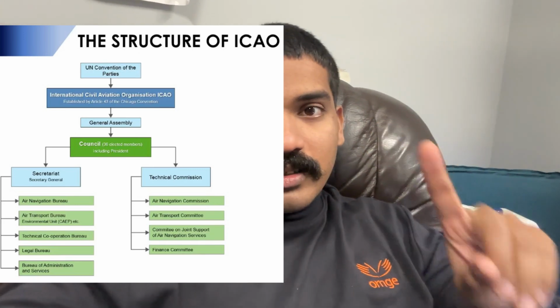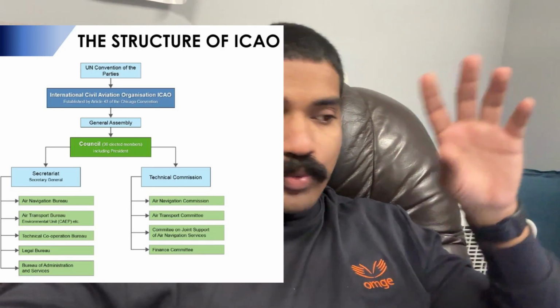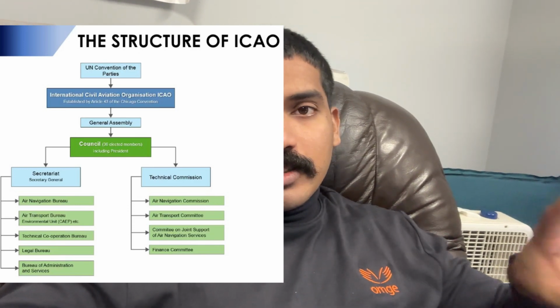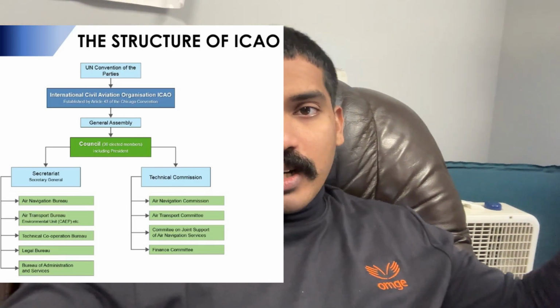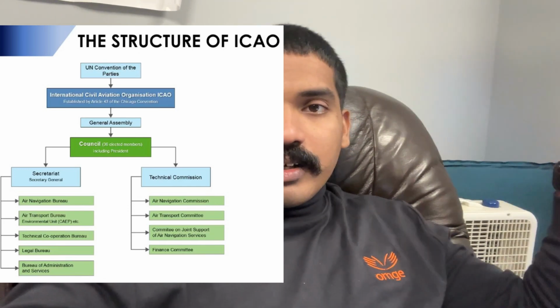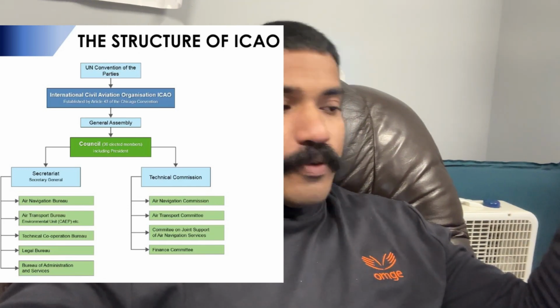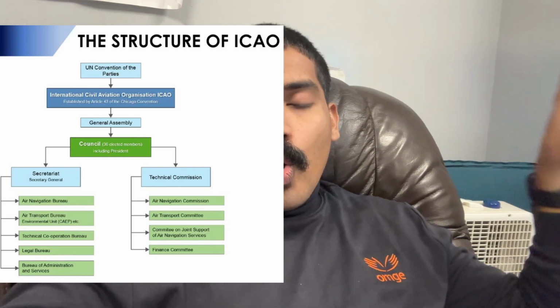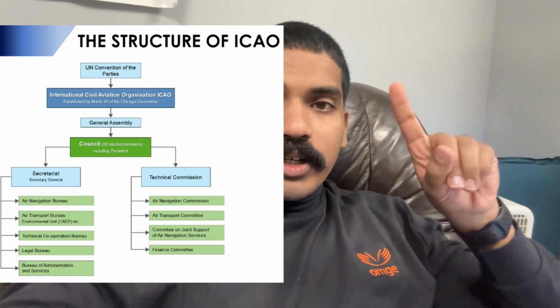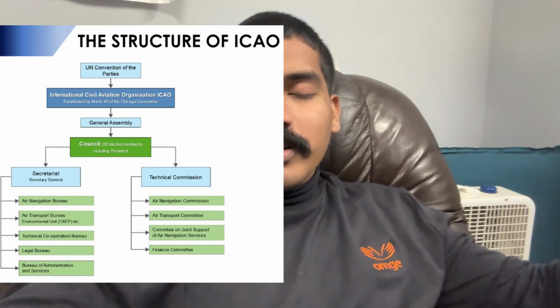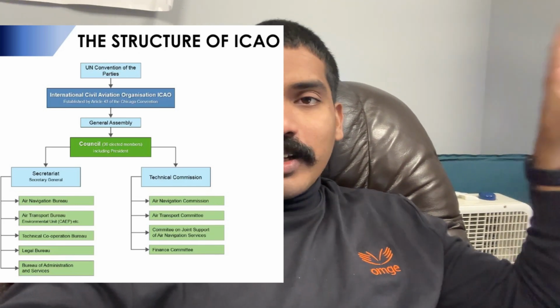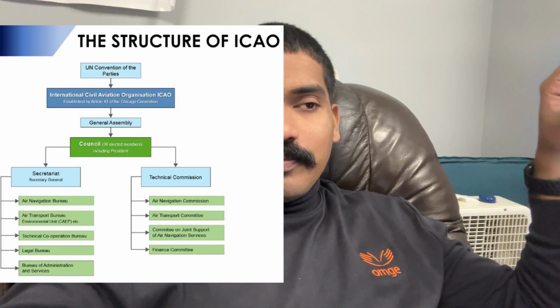They meet once in 3 years, and all the contracting states, which means the 193 countries that are members of ICAO, can each give one vote. So why do they vote? Let's say there is an issue that is pending, so everyone can vote on the issue and a decision can be taken.